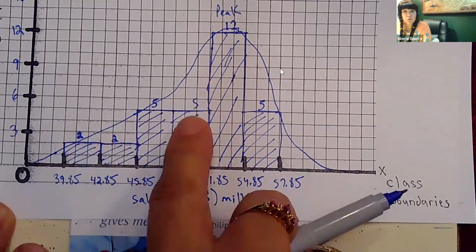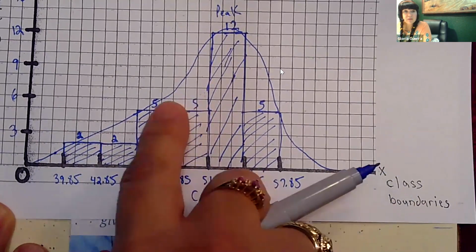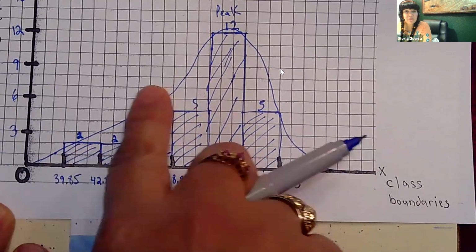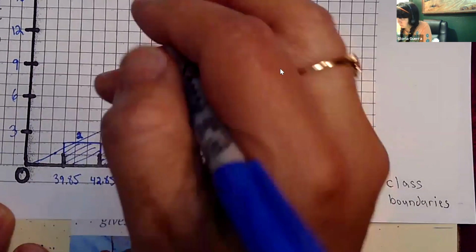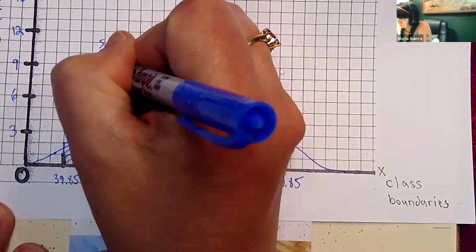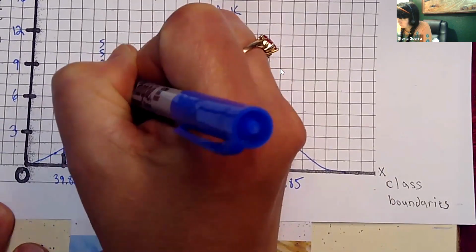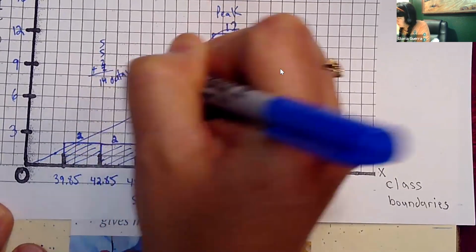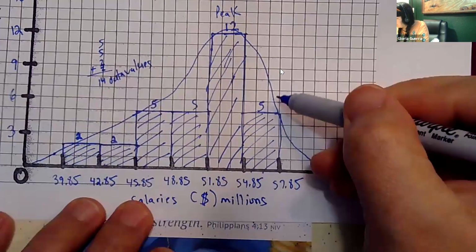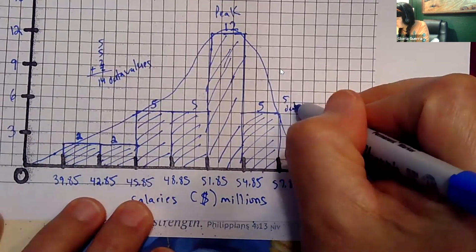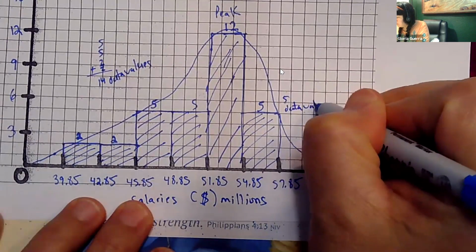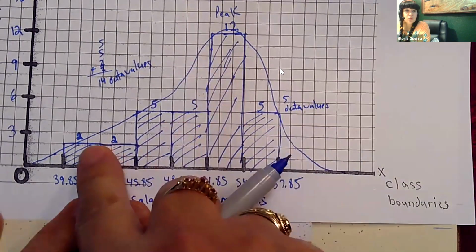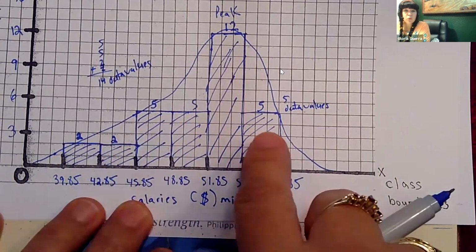If you look at your totals here, 5, 10, 11, 12, 13, 14, this side has like 14 data values. Let's see how many this side has. This side, look, only has five data values. And then you also look at how it tapers off. See how this has 4 vertical bars? This one only has 1.